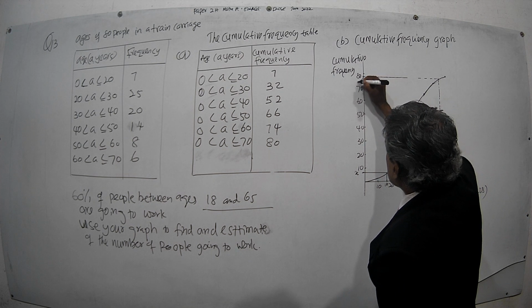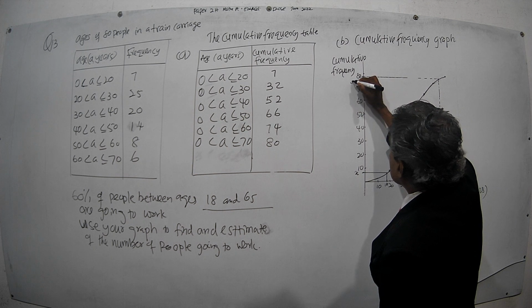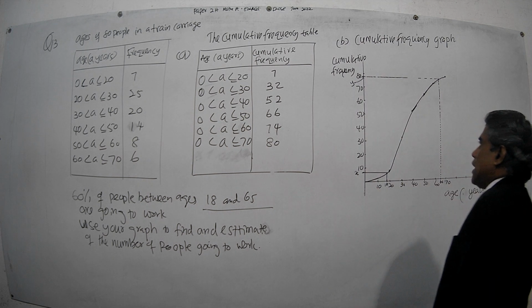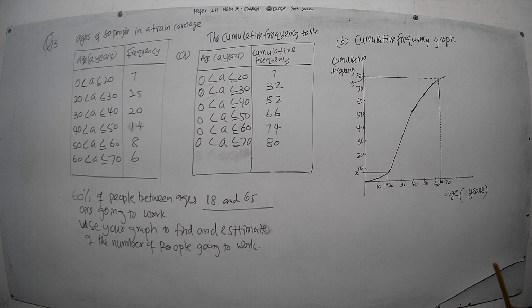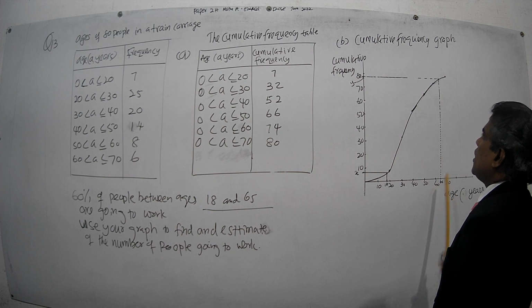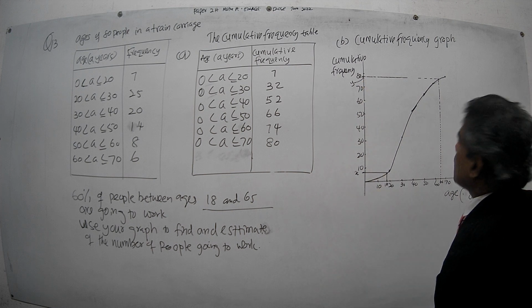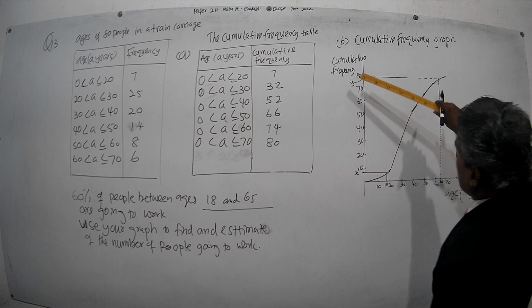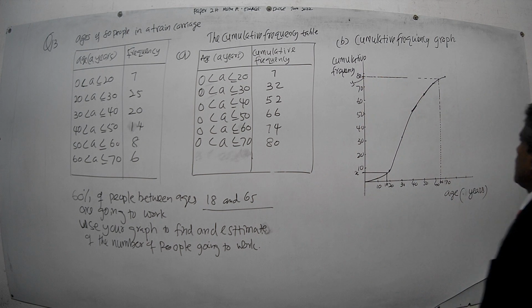I take the value of this point as y. So that represents the number of people who are 65 or less than 65, a little less than 80.